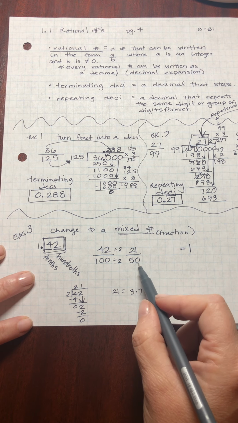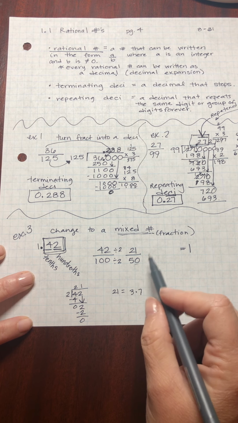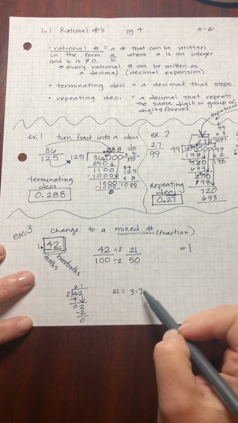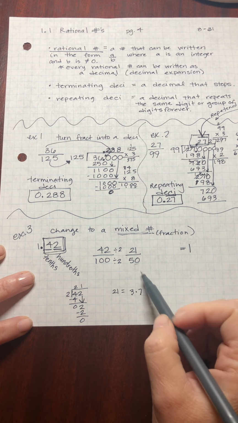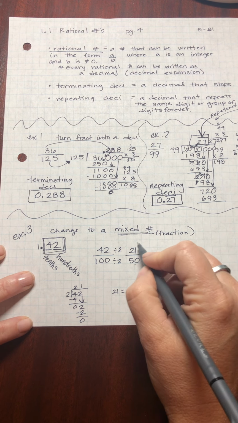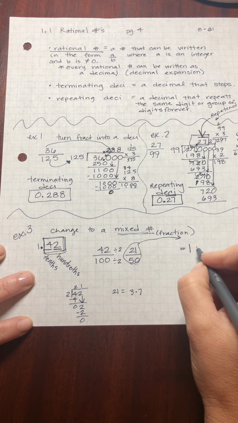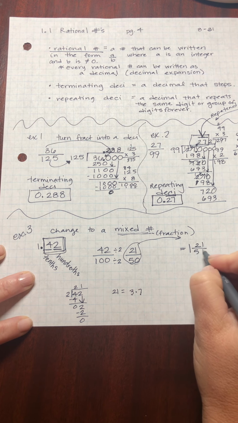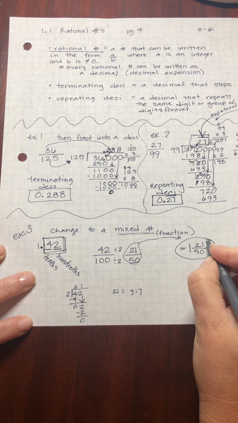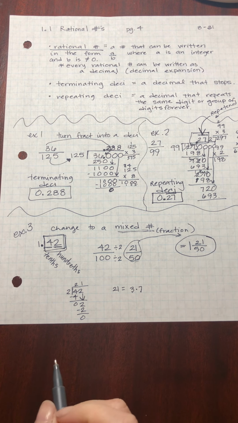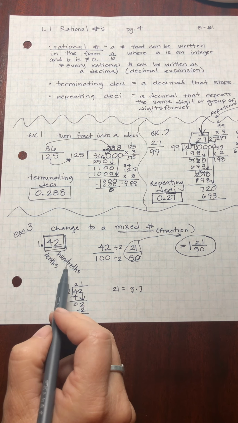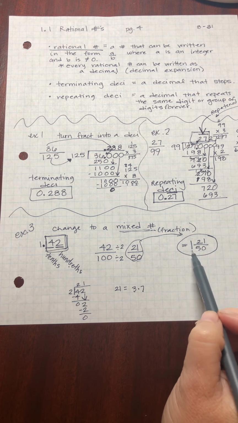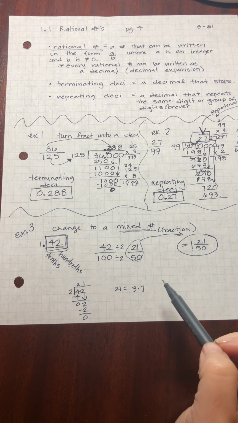We could cut it in 2 and there might be more. But if 3 or 7 cannot go into both, it cannot be further reduced. So this becomes the fraction for my mixed number. It's completely simplified. Okay, so 1 and 42 hundredths turns into 1 and 21 50ths reduced.